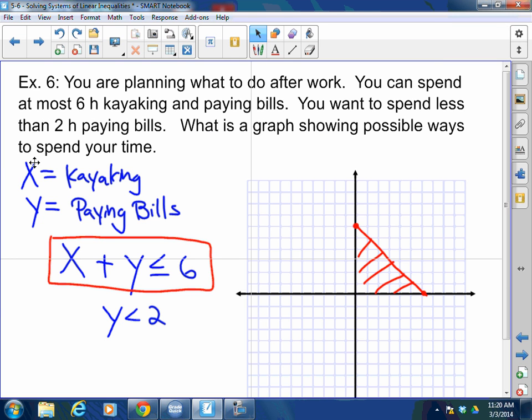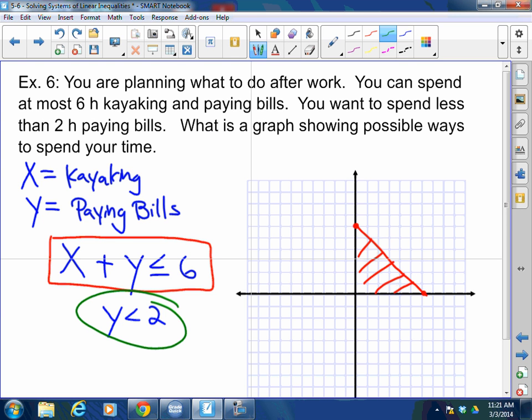Now, I only want to pay bills for less than 2 hours. So what kind of a line is a y equals line? Well, you're telling me all crazy things. First of all, undefined is not a line. Undefined is a type of slope that belongs to a vertical line, but that's wrong.